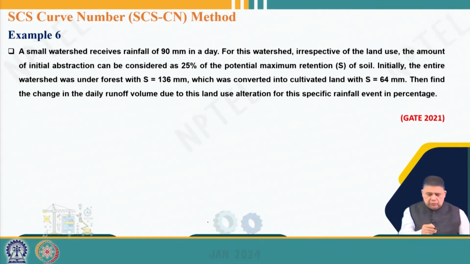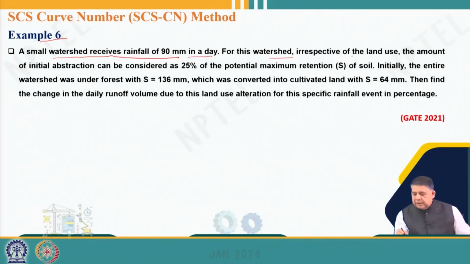Then we go into example 6. This example says that a small watershed receives rainfall of 90 millimeters in a day. For this watershed, irrespective of land use, the amount of initial abstraction can be considered as 25% of the potential maximum retention of soil. So, here you see there is a variation: IA is not 0.2S but 25%, or 0.25S.